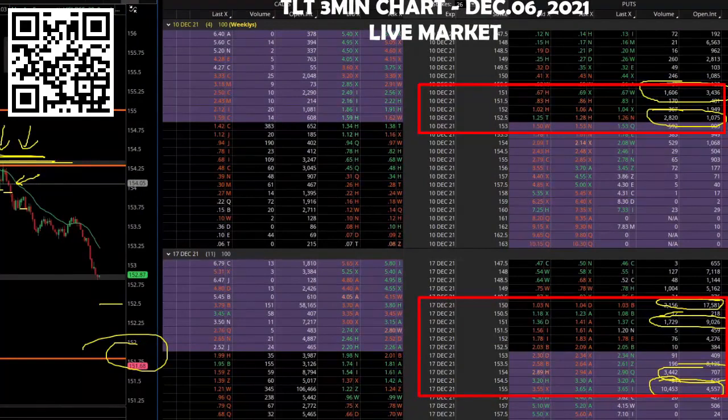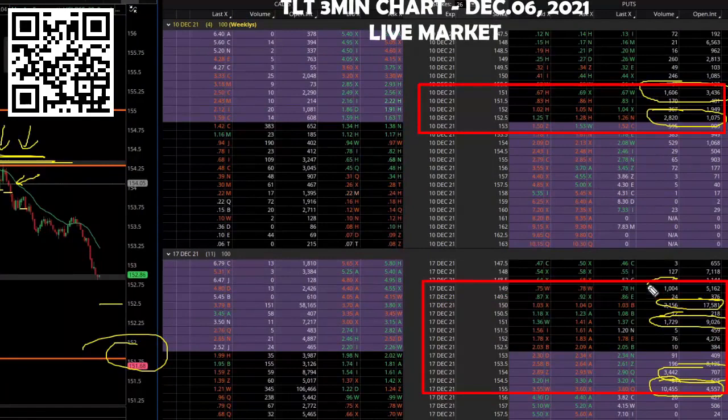See here, more volume coming, two weeks from here, put 149. The puts are there, and no sign of calls, nothing for this week and for next week.